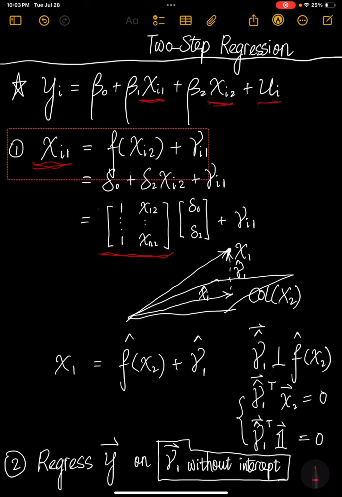Every row is one observation, and usually we have n observations in the sample. The number of columns is how many independent variables you include in this regression, plus the constant column, the first column. So you write it in matrix format plus an error term.